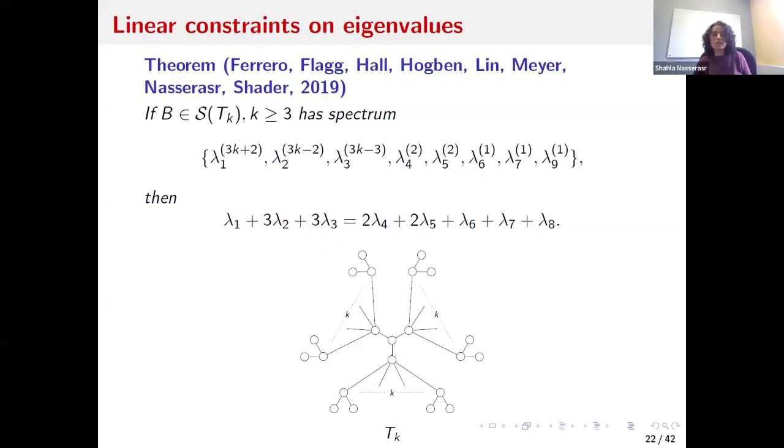Again, that means the multiplicity list on the top is not spectrally arbitrary, and it gives infinitely many trees with a multiplicity list that is not spectrally arbitrary. I'm actually going to show you the proof of this because it's quite fun, and I will also use it later in the new paper. So how does that work?